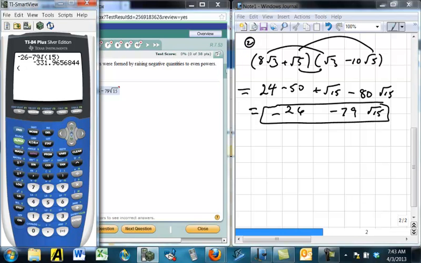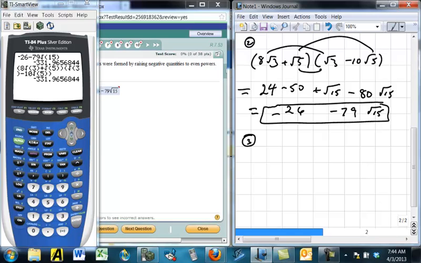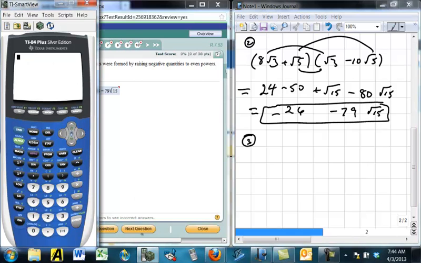Now let's do the other one. 8 root 3 plus square root 5, close parentheses, open parentheses, square root 3, close parentheses, minus 10 square root 5, close. And do we get the same decimal? Yes, we do, so at least those are equal to each other. Looks like we got that one right as well. Moving along. Next question.